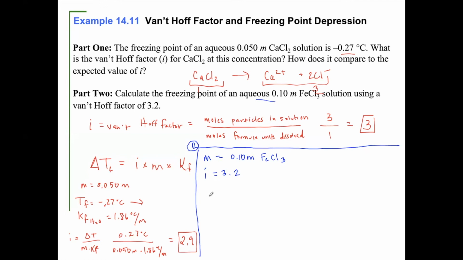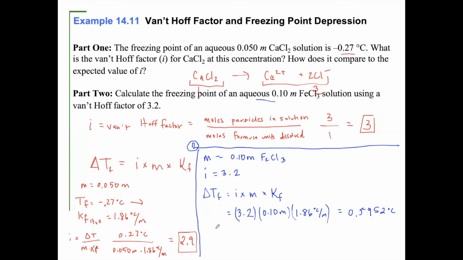freezing point. So remember that delta T is going to be the Van Hoff factor times the molality times the constant for the solvent, which is water. Okay, so that ends up being 0.5952 degrees Celsius.